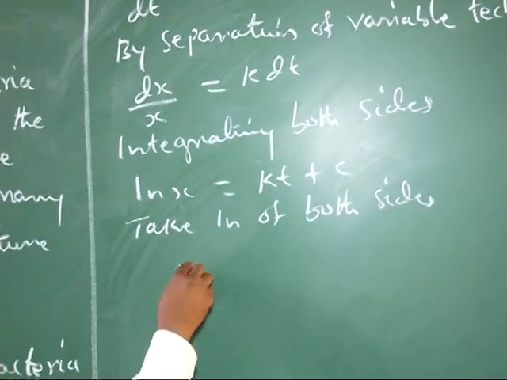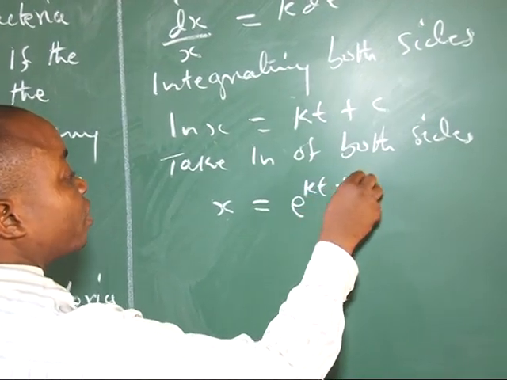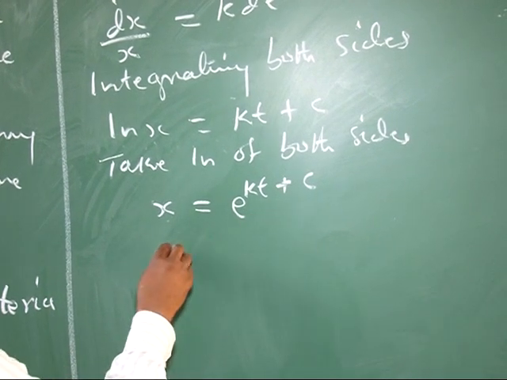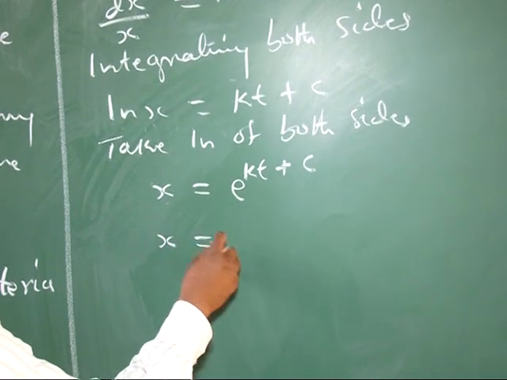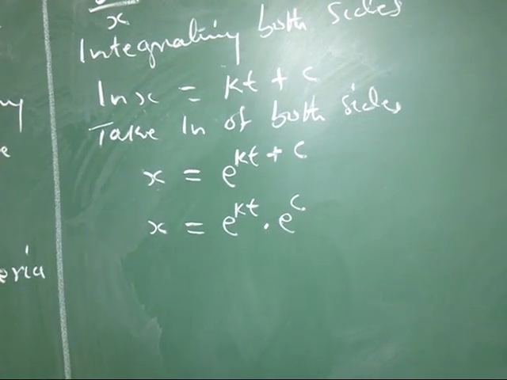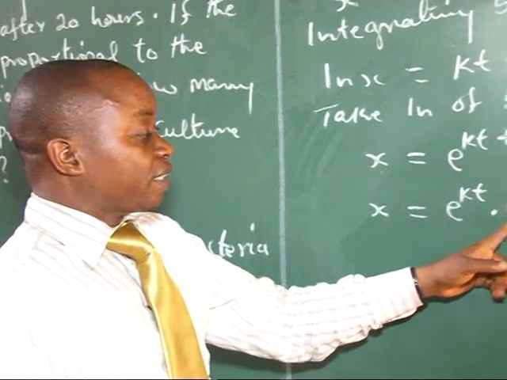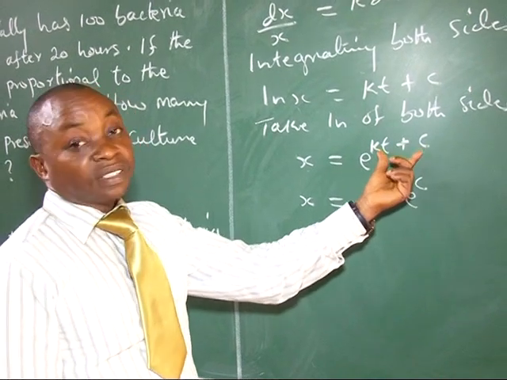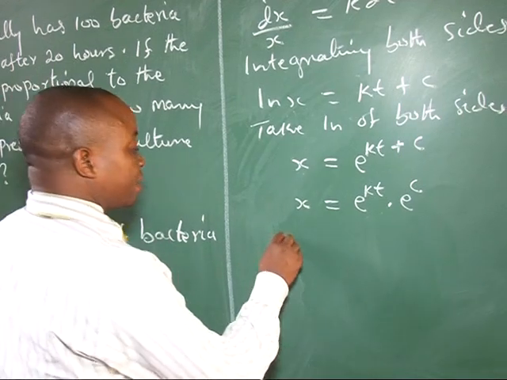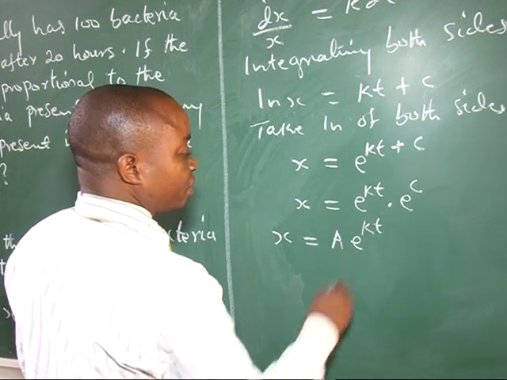If we do that, we will have that x is equal to exponential of kt plus c. Of course, we should know that this is the same thing as x equal to exponential kt times exponential c. According to the law of indices, if I write like this, then since the bases are equal, I can take one of the bases and add the powers. So I'm trying to separate this one so that it will be clear. Which means that x can be written as A exponential kt.